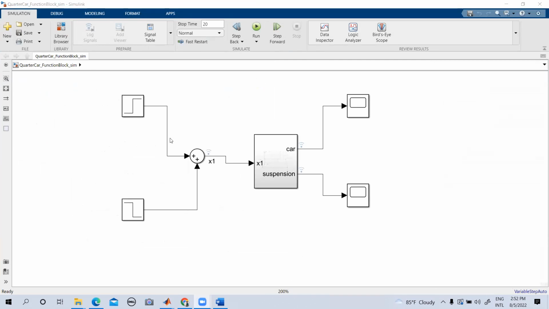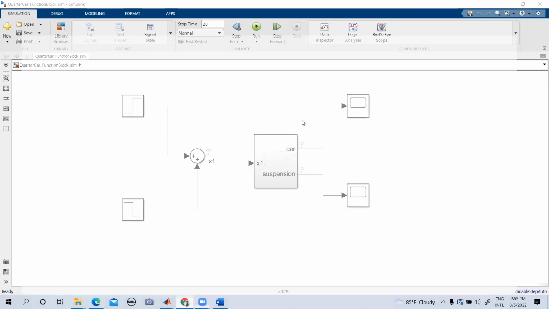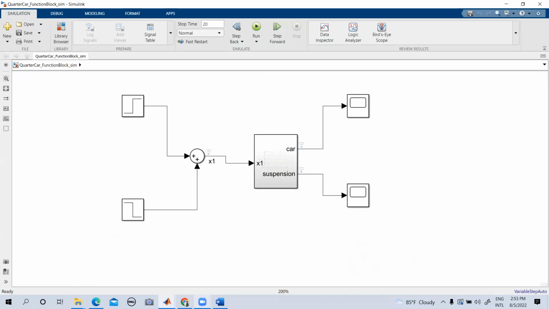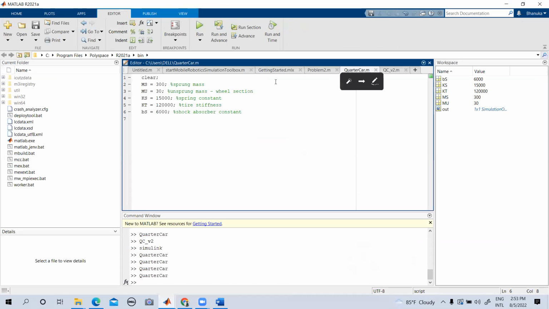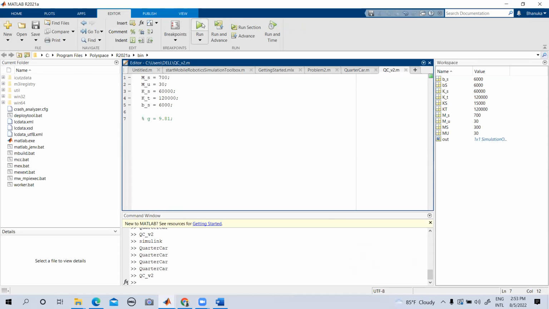We have the step inputs superimposed here, and then added here as the x1 input, right? This is the initial displacement from x1, and this is the suspension part in the car part. Okay, so I will load the code for this. I used separate variables here, so it's not easy to follow. Once again, I used a prompt here.